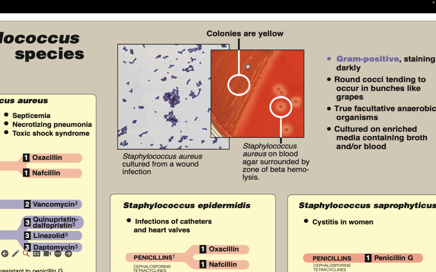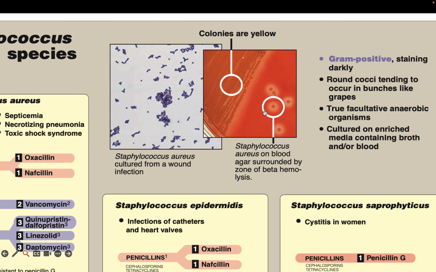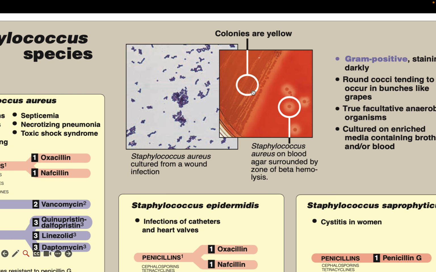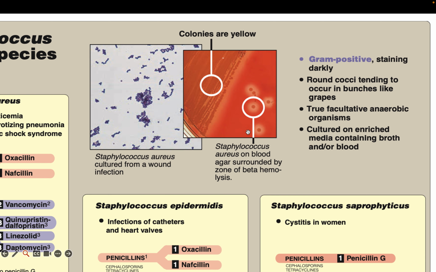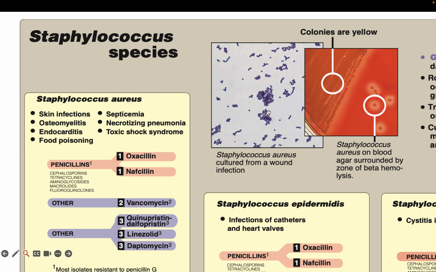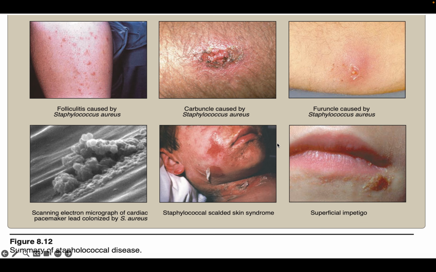On a blood agar, they will look yellow if they are Staphylococcus aureus, or they will have white colonies if they are Staph epidermidis, and they will show beta hemolysis on the blood agar. That's highly suggestive of Staphylococcus aureus.